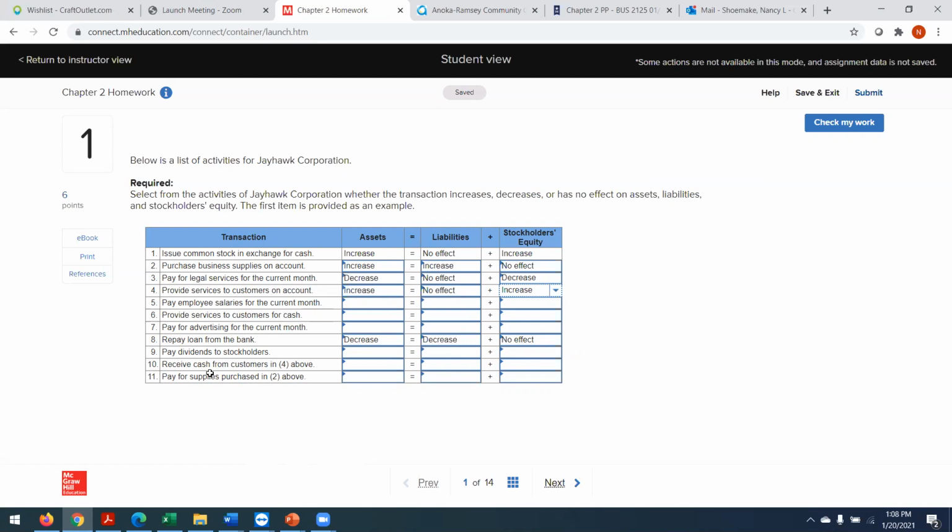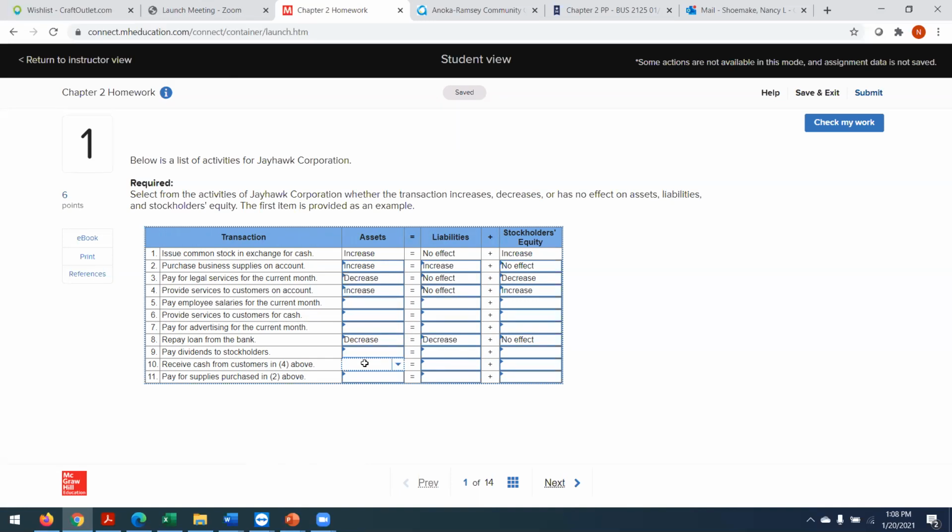What happens when we got that cash from that customer? It increased cash. Increased cash, but what else happened? It decreased accounts receivable. Correct. It increased cash. It decreased accounts receivable. Both of those are assets, aren't they?